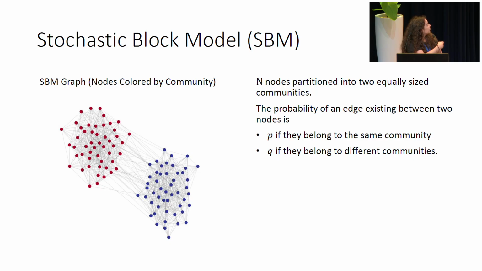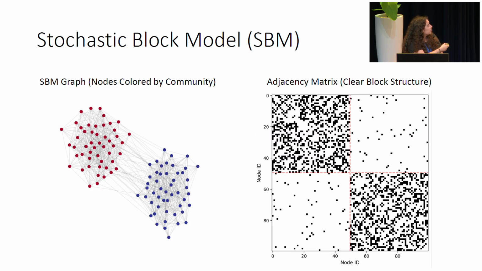So nodes within the same community, like this red one, are heavily connected, and to the other community, it's sparsely connected. And if we have such a graph, we know that the adjacency matrix of this graph will have this block structure. So this block corresponds to this red community.